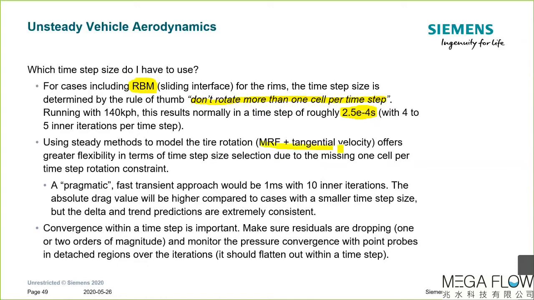This can be, for example, MRF between the rim spokes and tangential velocity. In such a case, you can go for a pragmatic approach. I call it pragmatic because you can use, for example, a time step size of 1 millisecond, maybe combined with 10 iterations. And of course, you can get a solution much faster, obviously.